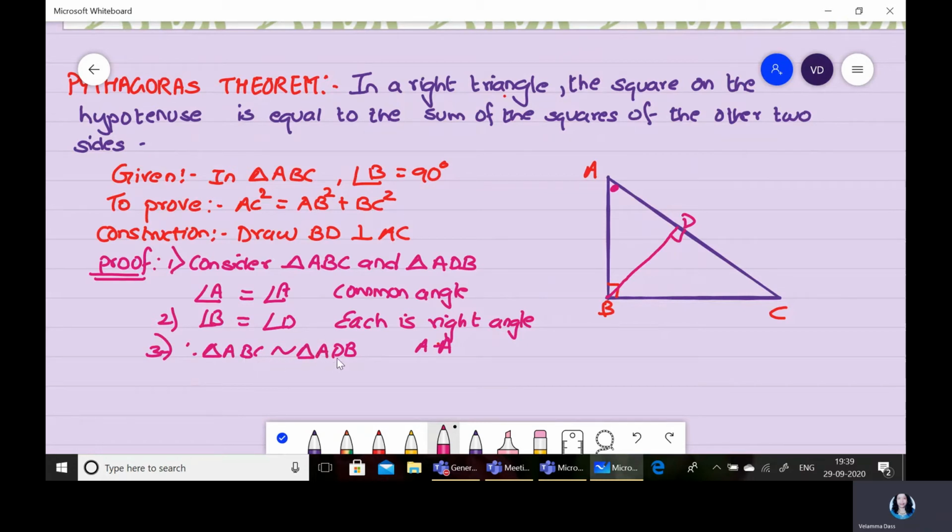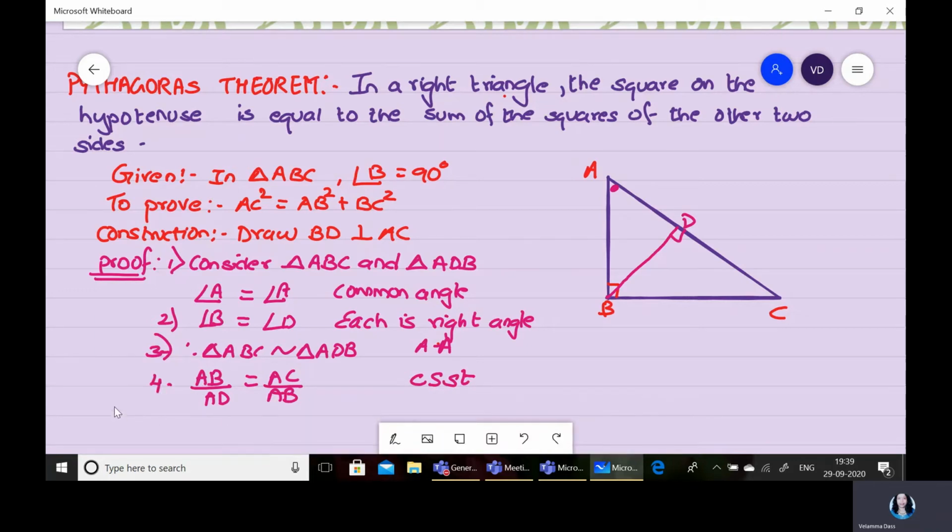Angle B is 90 degrees and angle D is also 90 degrees, so the correspondence is correct. So we can write AB upon AD, first and second letter, equals AC upon AB, first and third. That is CSST, corresponding sides of similar triangles.